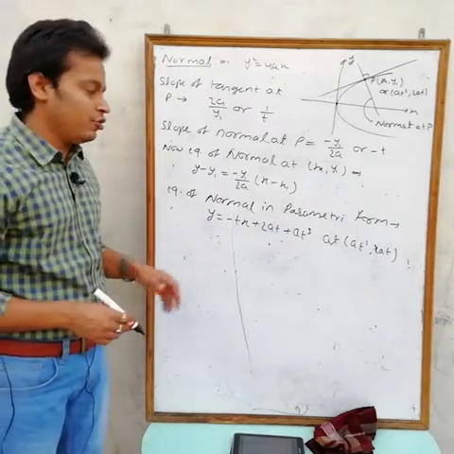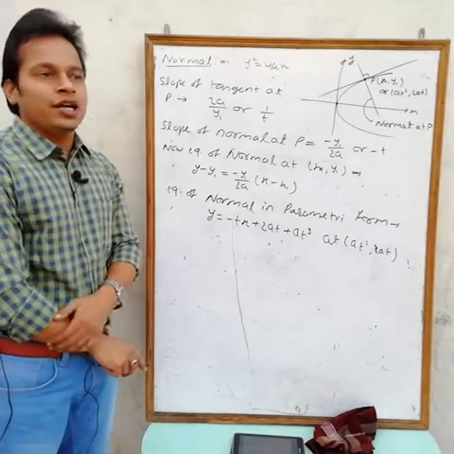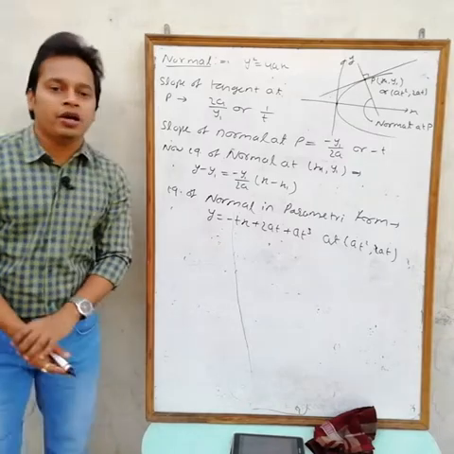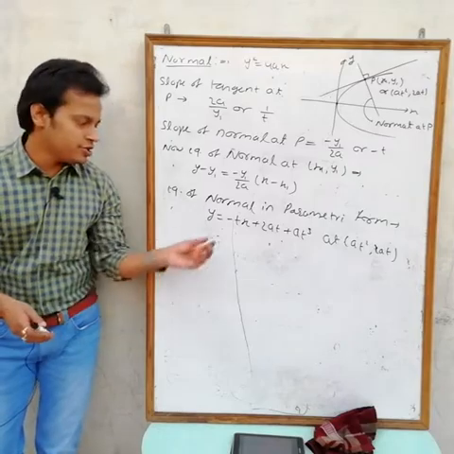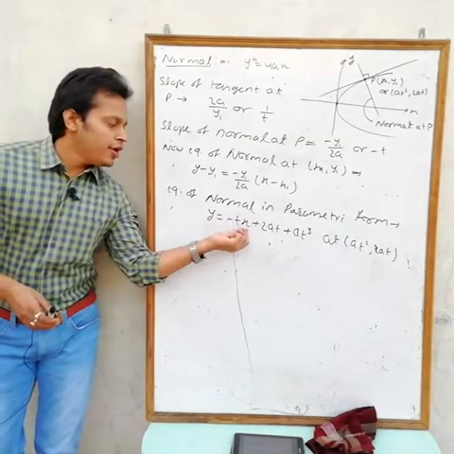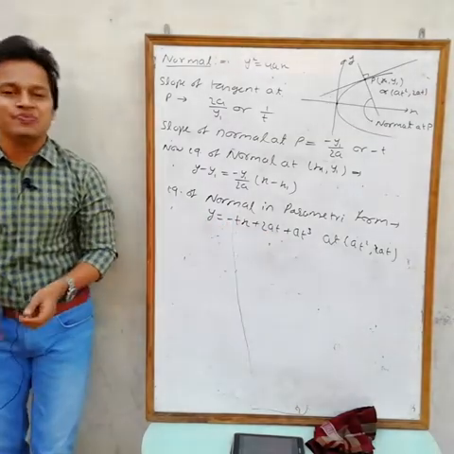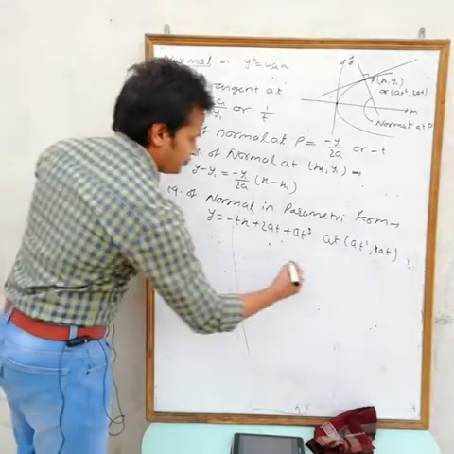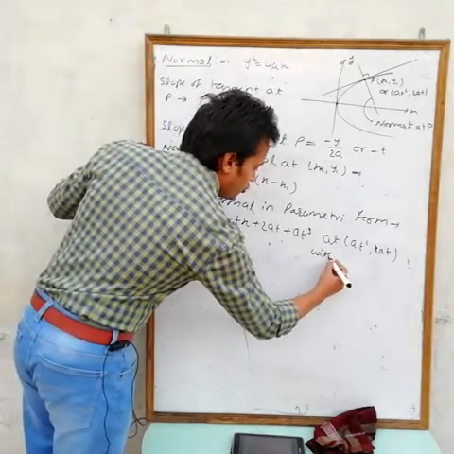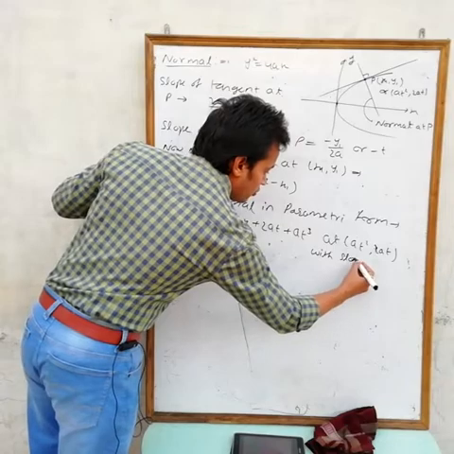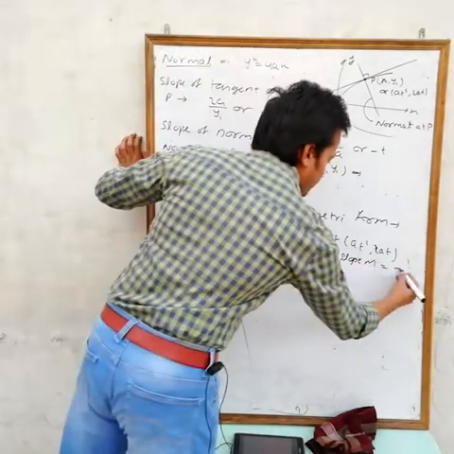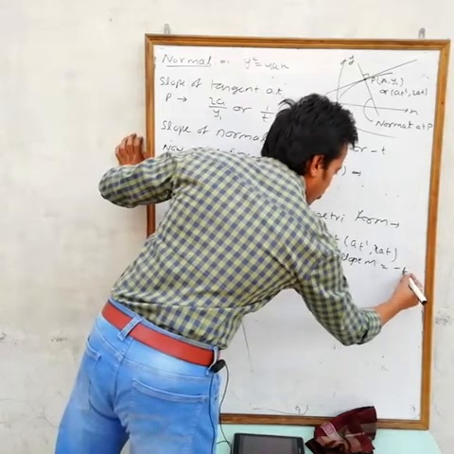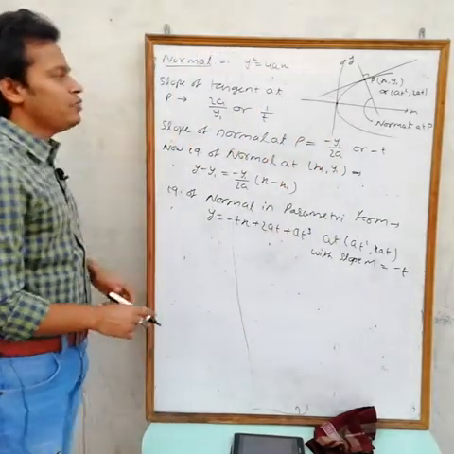If you want the slope of any line, convert that line in terms of y equals mx plus c. So m is minus t, with slope m equals minus t. So remember, slope of normal at any point is minus t.